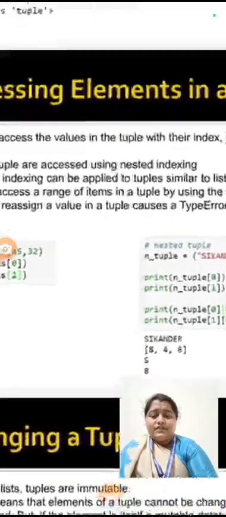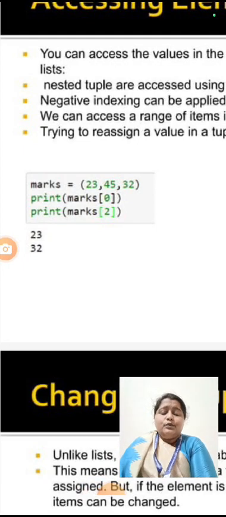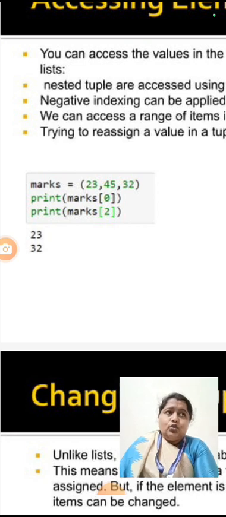First example we can see. Here marks is a tuple which is created in open and closed parentheses: (23, 45, 32). Now print marks[0] and print marks[2]. Here we are going to use an index, as we know from how to create the index in an array.